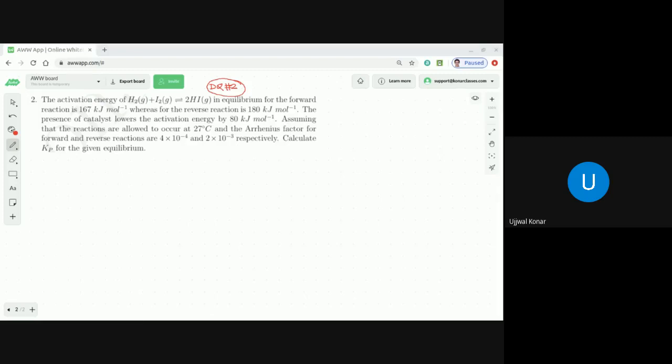Okay. So let me show you the diagram first, followed by its explanation. Please have a look into it, and if you have any doubt, please do let me know.